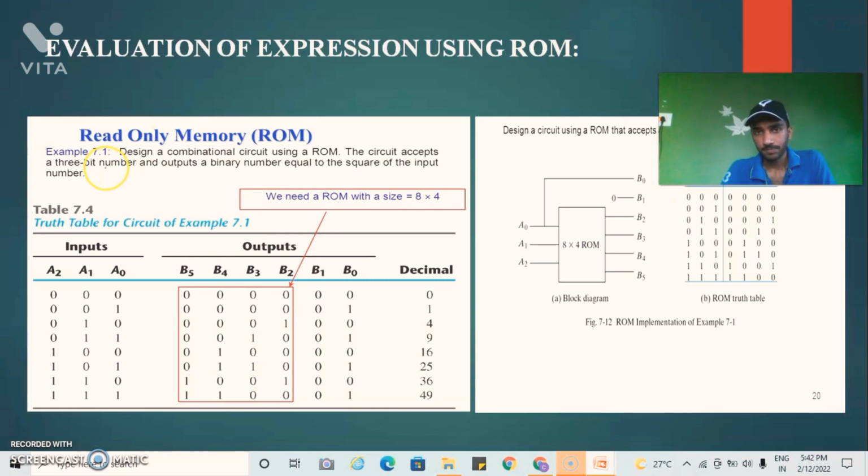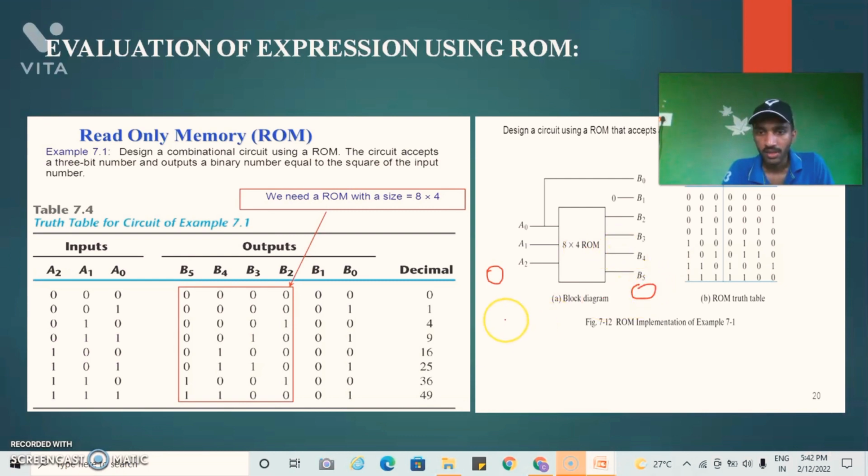First I am going to explain the problem. Here I give a 3-bit number, so it can take values from 0 to 8. The expectation from the combinational circuit is that I should get the square of the binary equivalent number. For example, if I give 0 0 0 as input, I should get an output of 0.